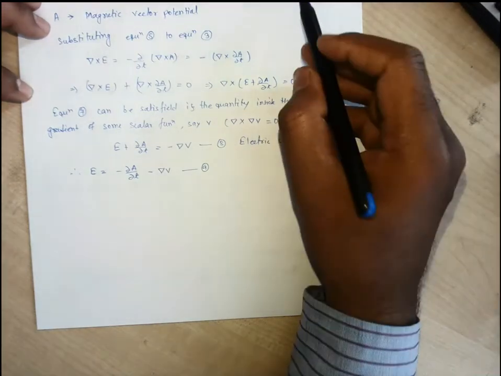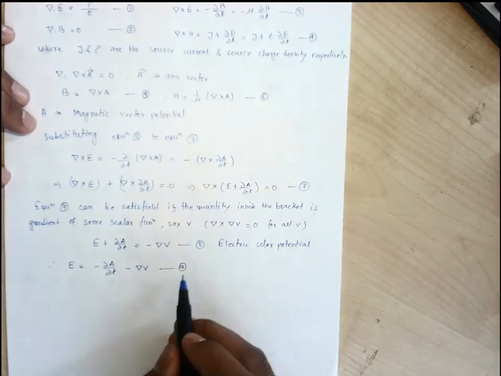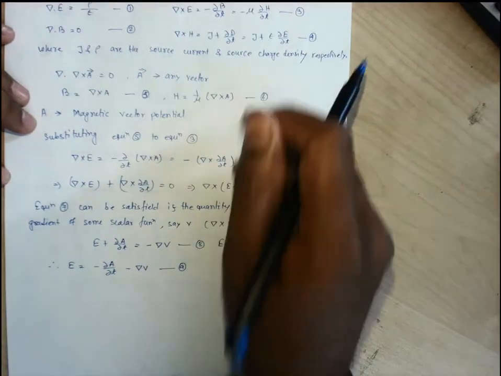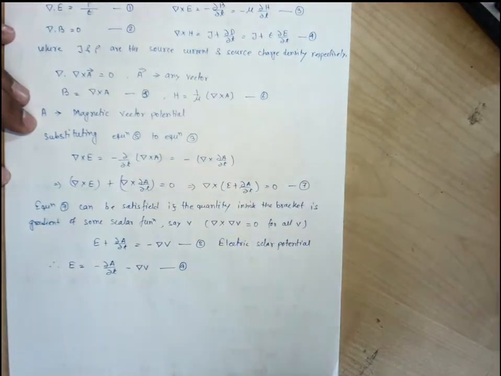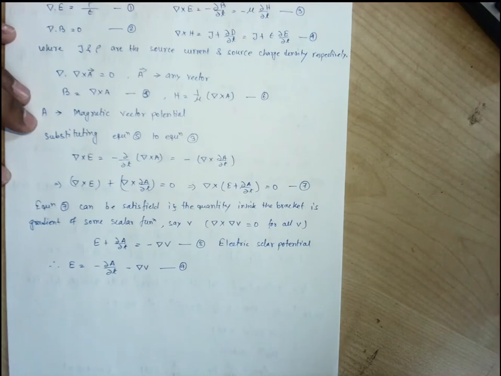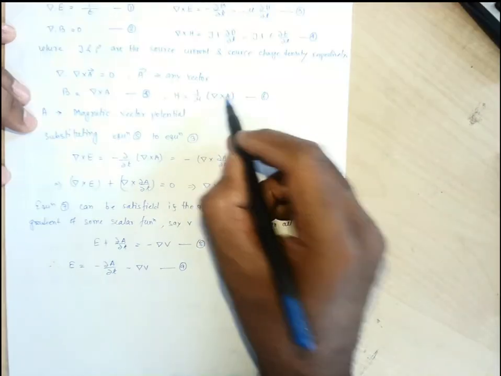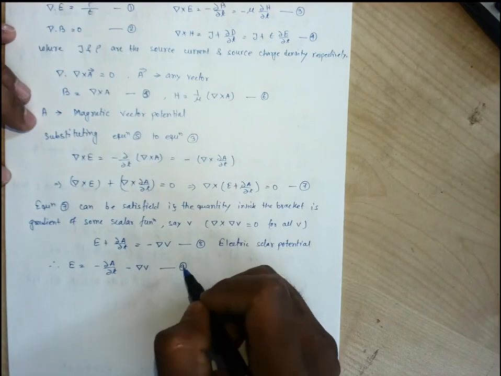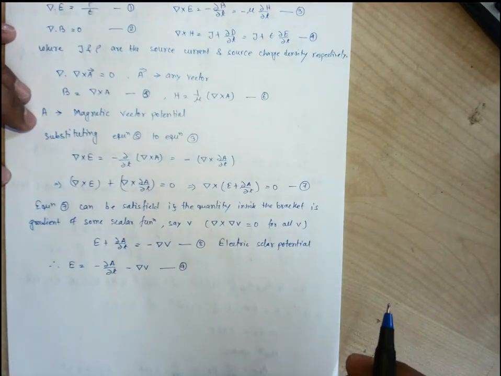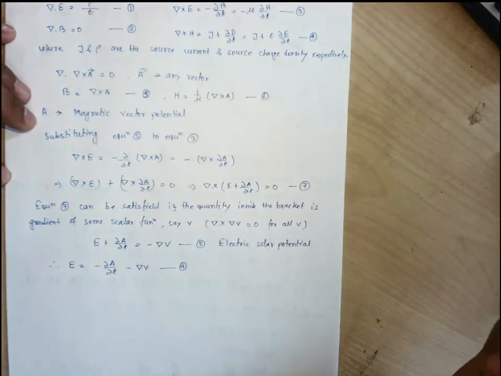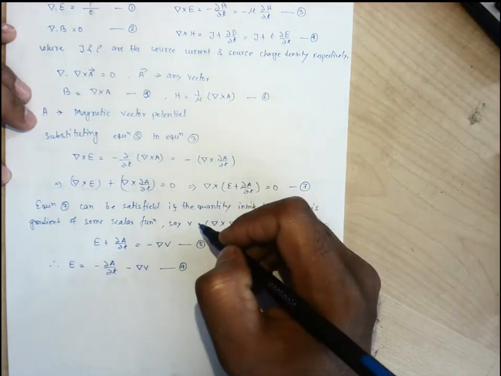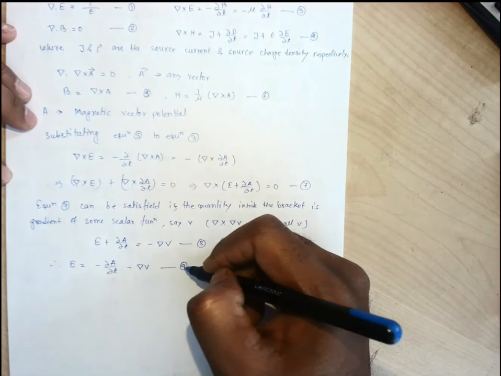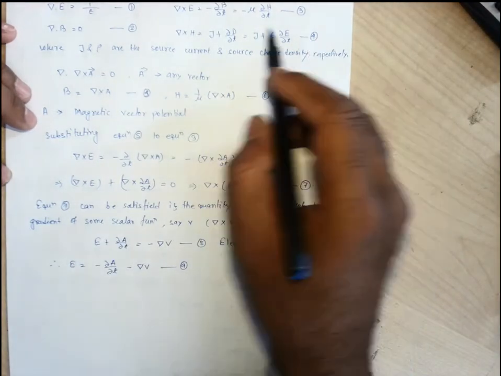So this equation number 6 and this equation number 9, or 8 or 9, whatever it is, in these two equations the electric and magnetic fields are expressed in terms of potential functions. Here the magnetic field is expressed in terms of the magnetic vector potential, and here the electric field is expressed in terms of the scalar potential. Now we put E and H from equations 6 and 9 into equations 1 and 4.